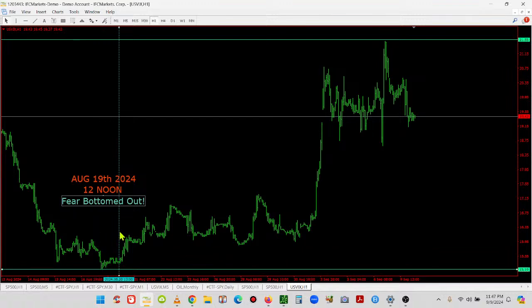Let's try to get the exact bottom. A low of 15.19. That's where we're at. There we go. August 19th, 2024, fear bottomed out.